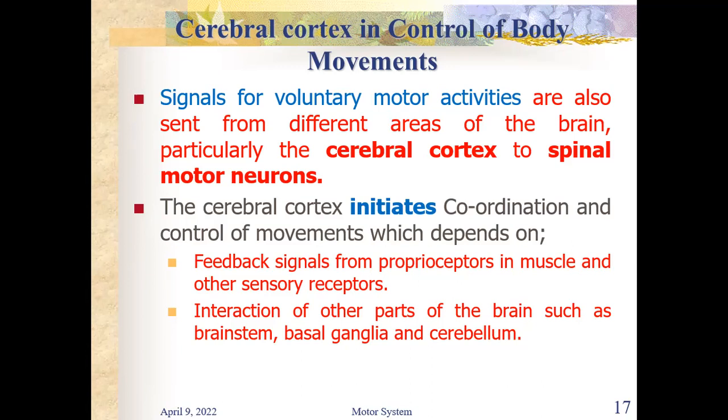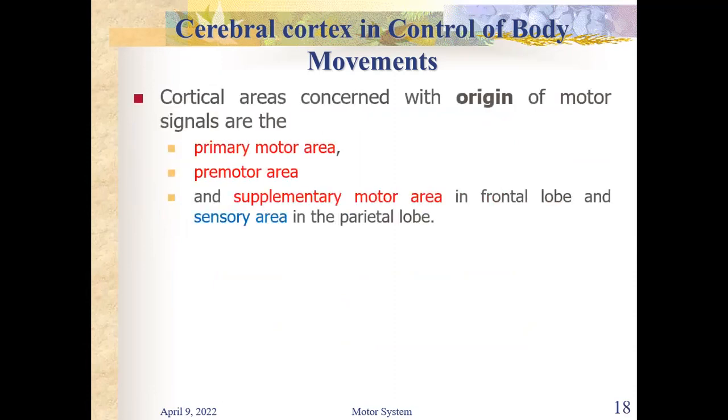So the response of the motor cortex is a result of feedback from sensory information. So every time it's trying to get feedback from the sensory parts, which is feedback signals from the proprioceptors, and then it will compare with the motor commands it has already sent to the effectors, which are the muscles.